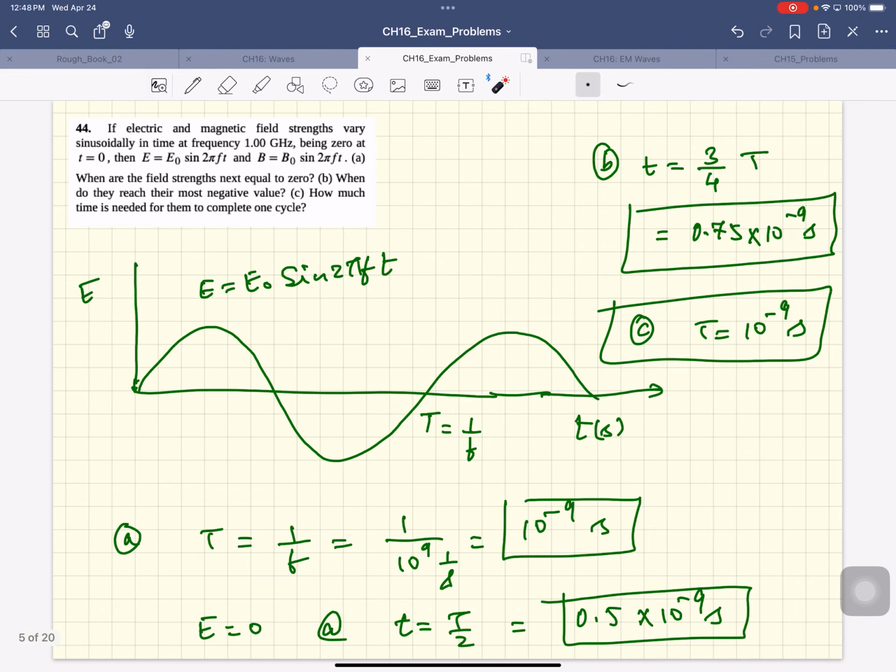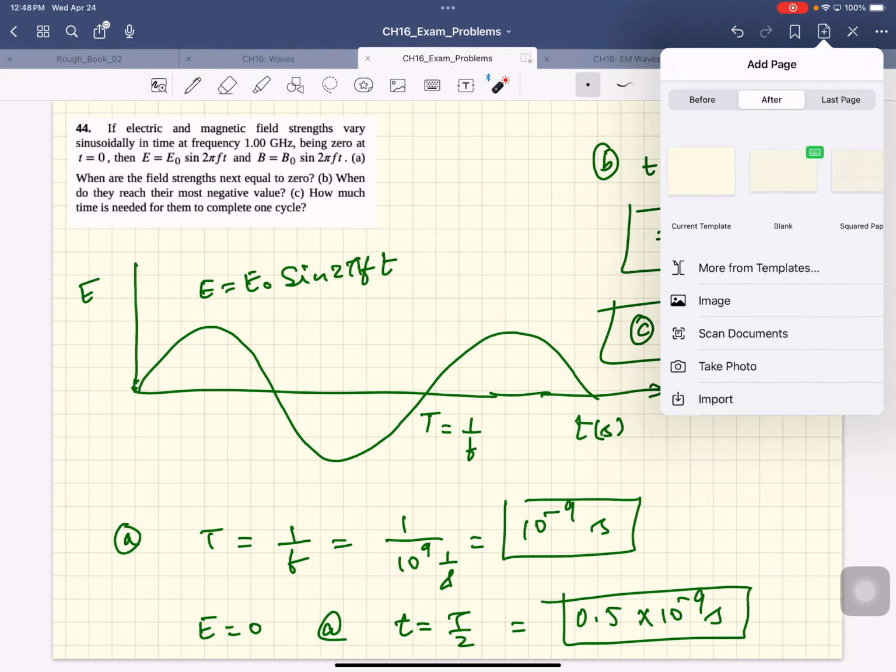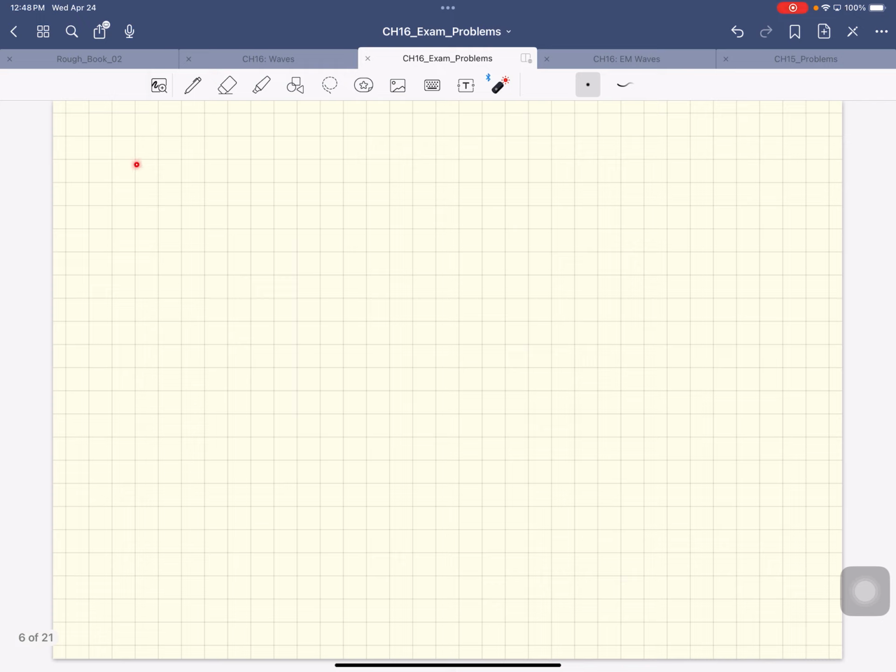So for instance, if you wanted for B, I'll do that again. E is E naught sine 2 pi ft. If you want the negative value, you want this to be 3 pi by 2.